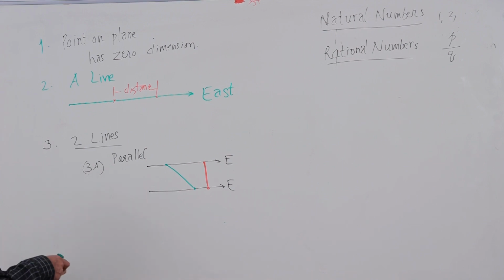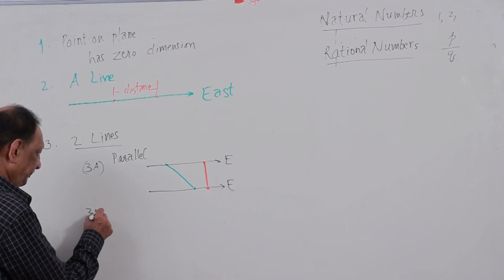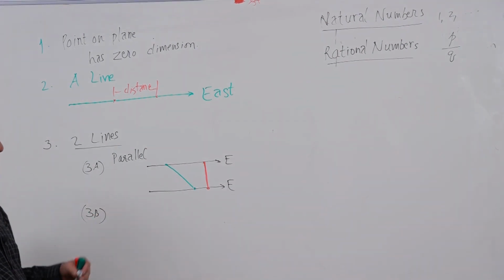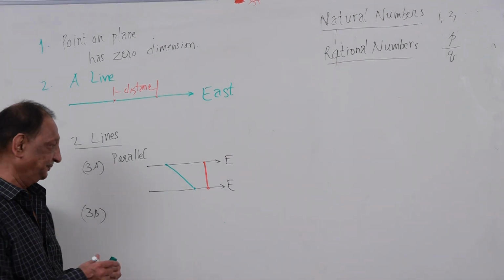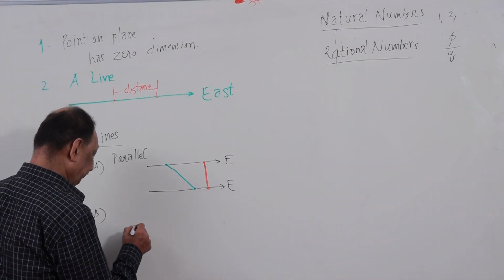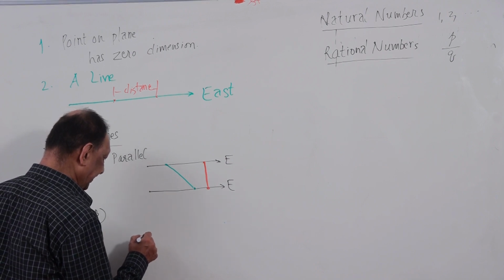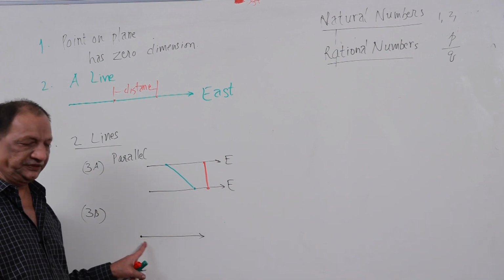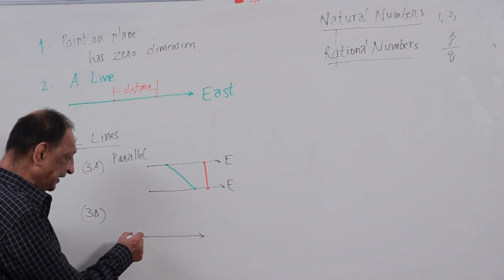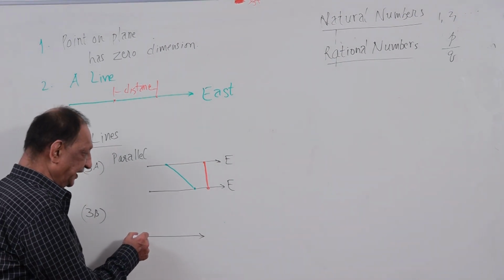Now we come to case 3b. 2 lines which are not parallel. That means they intersect. Correct. So first way of looking at it is, I got one line. I have drawn one line in one direction. Now other line I will draw from the same point, but in a different direction.